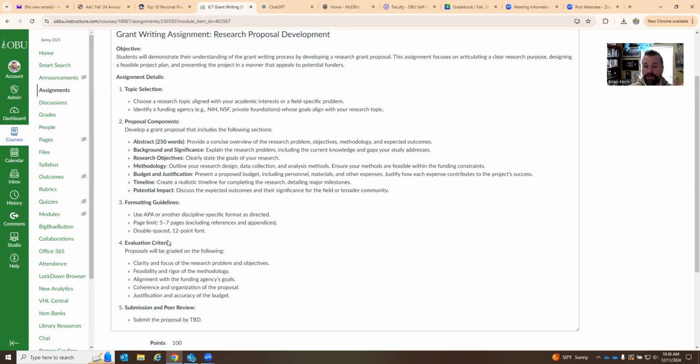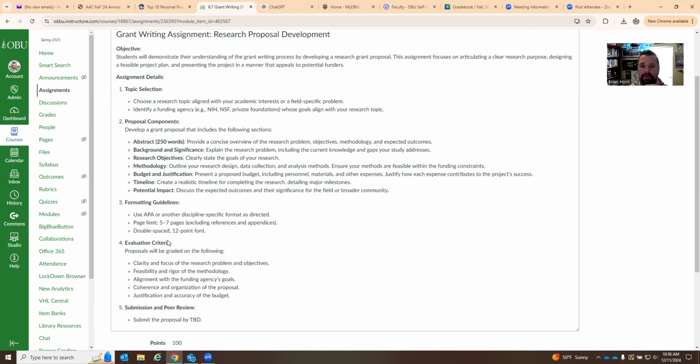Now, they can be something different depending on what the grant stipulations are, but don't think that they're not something that can certainly be lapped over into these two assignments. So choose your research topic, choose your grant topic that you want to write to. And then your proposal, develop an abstract, 250 words or less. Be concise about that.